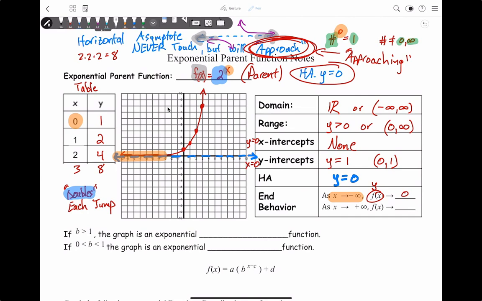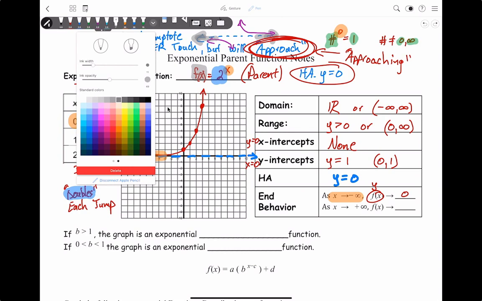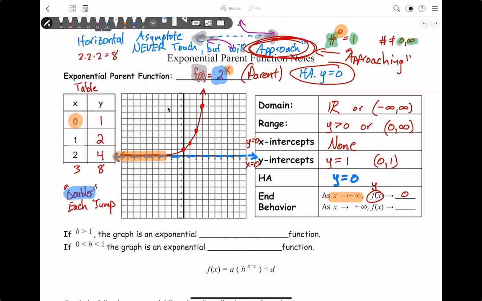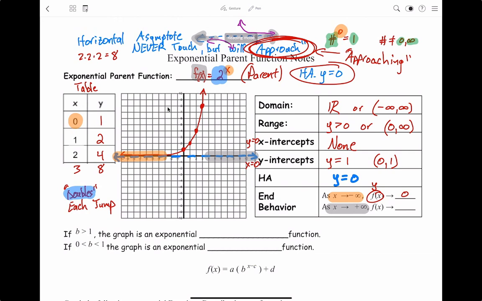Now let me do it with shade. As x is approaching positive infinity, or basically goes to the right, let me write that in. As it goes left, y is equal to 0.